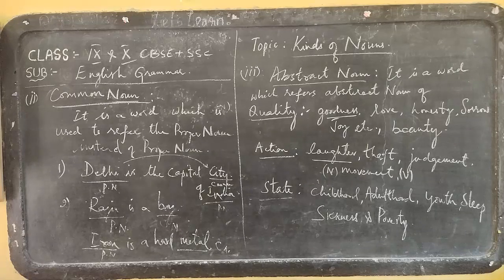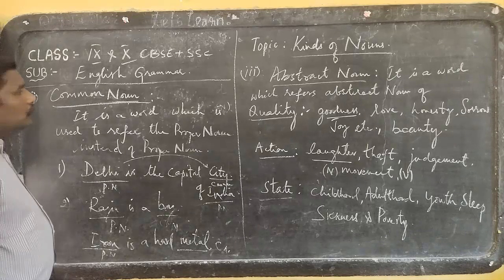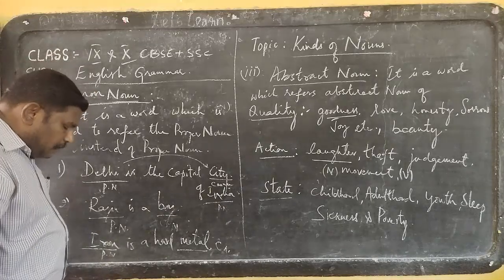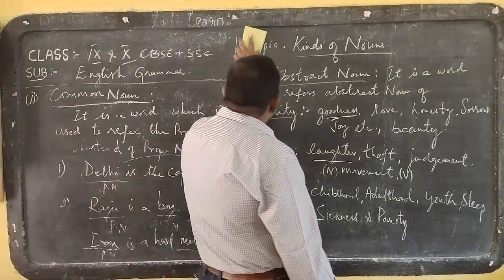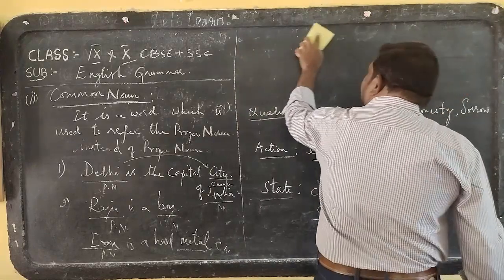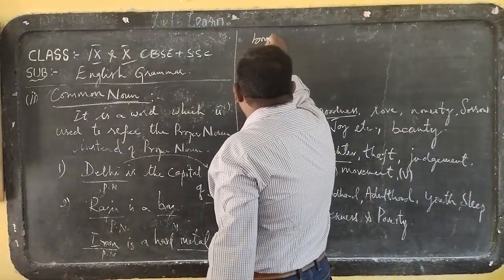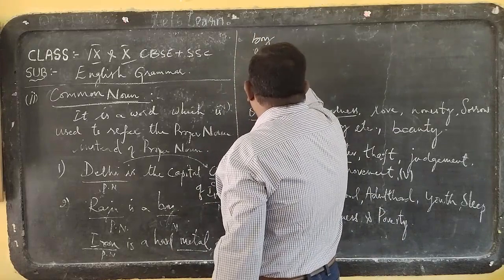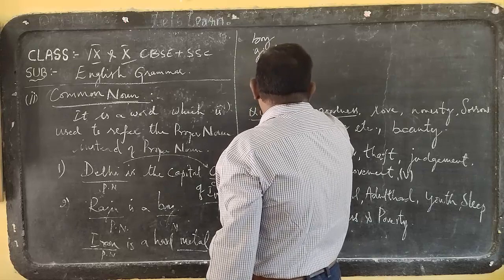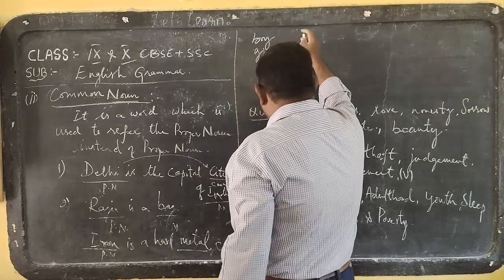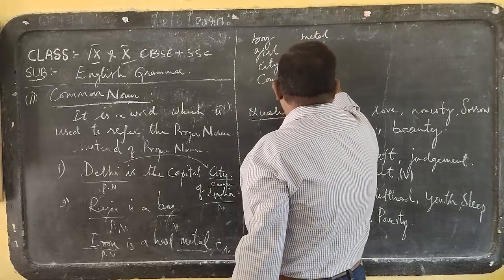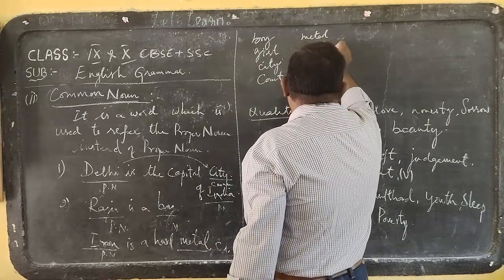If I make a list of common nouns, for example, boy, girl, city, country, metal, then flower.